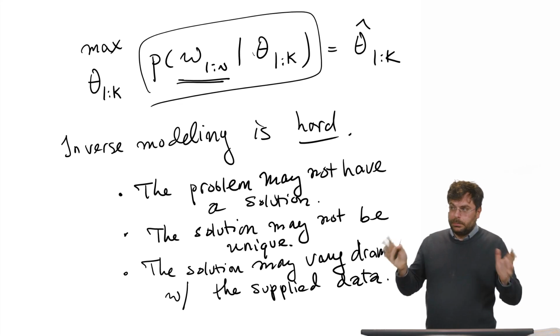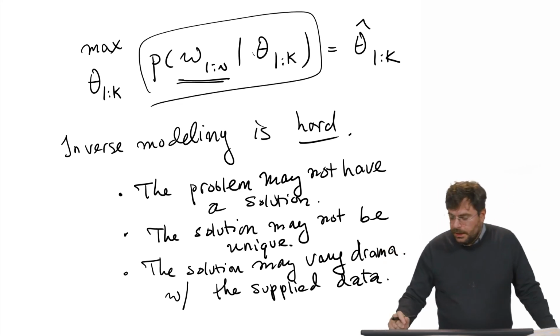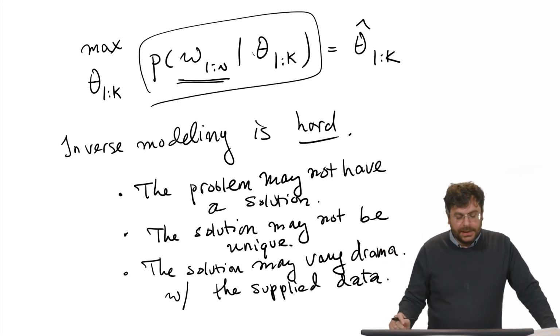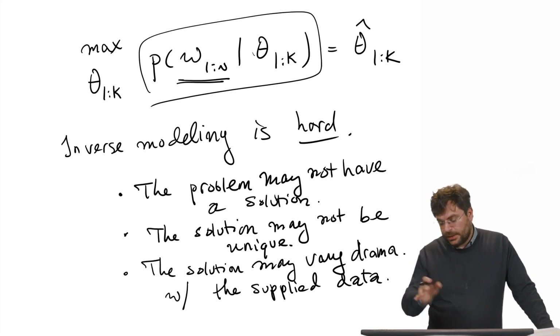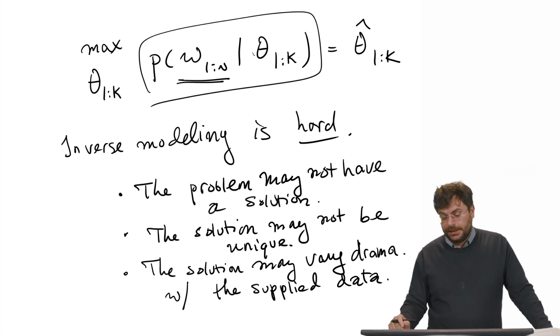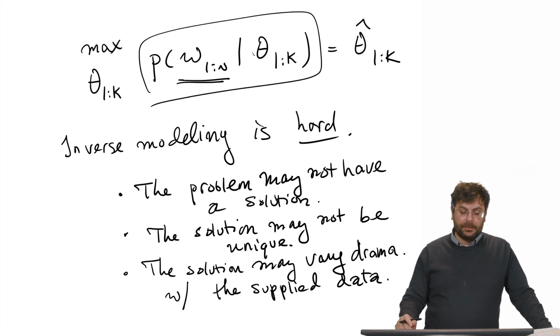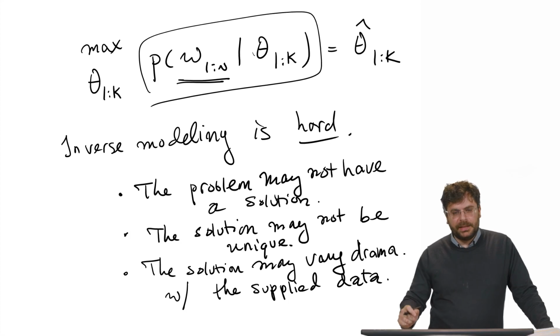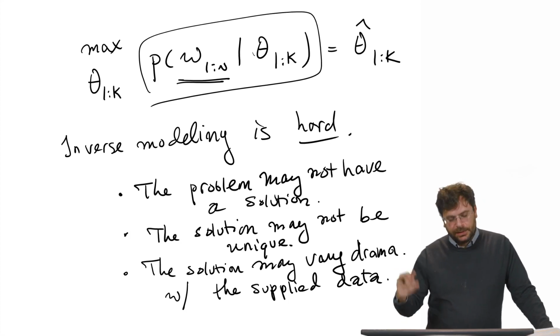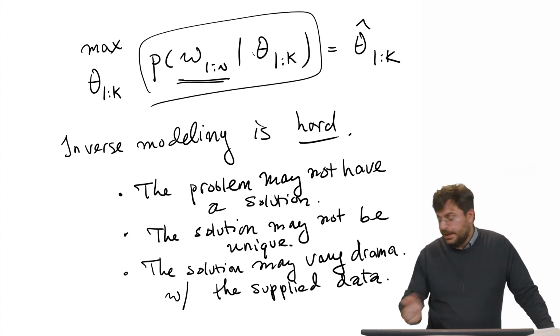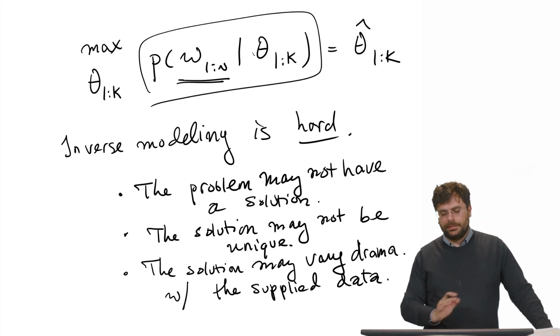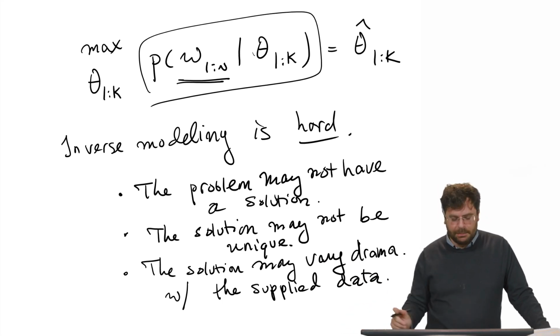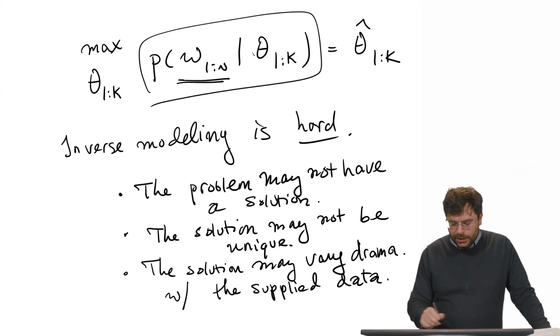I can gather a couple of data points and try to estimate a division time for cells. My data points are 32 minutes, 31 minutes, 29 minutes, and suddenly there's another cell whose division time was 120 minutes, and suddenly my estimate for a replication time is dramatically impacted by that one data point. So my estimates for theta may vary dramatically with the supplied data.